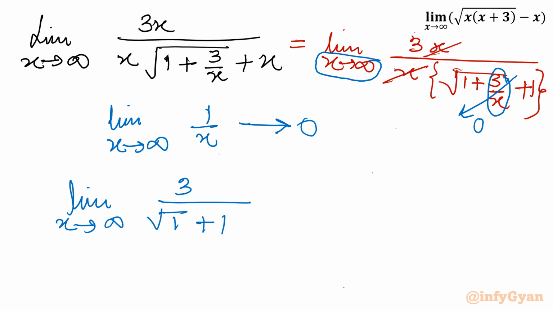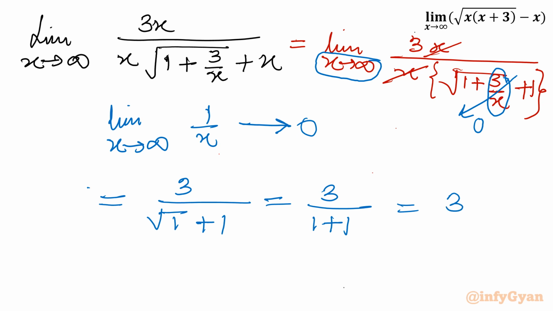So you can remove this limit once we have applied it. So this is left with only 3 over root 1 plus 1. So it will be 3 over 1 plus 1, which will be equal to 3 over 2. This is our method number 1 using rationalization.